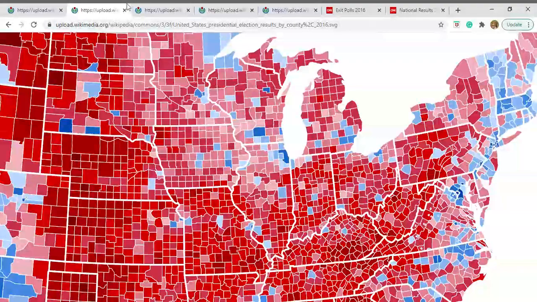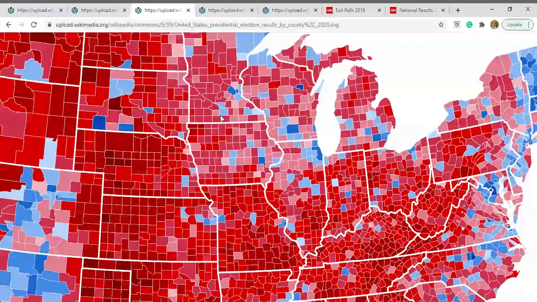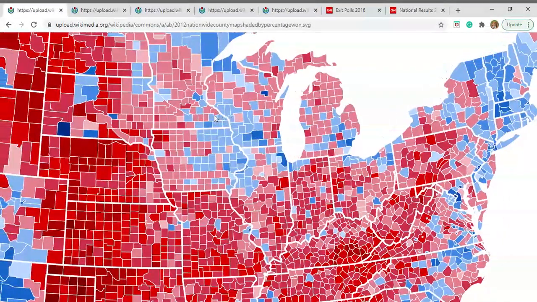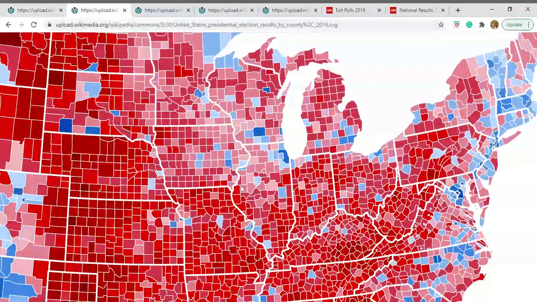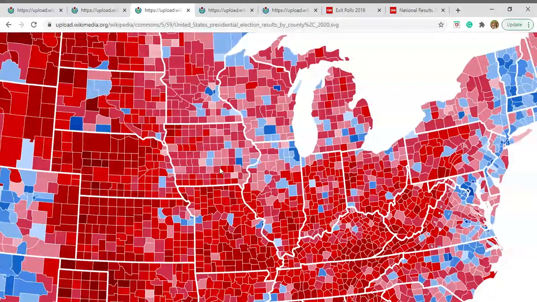This is the 2016 map, and this is the 2020 map. So look at how blue Iowa was in 2012 and how much it shifted from 2016 and then to 2020.